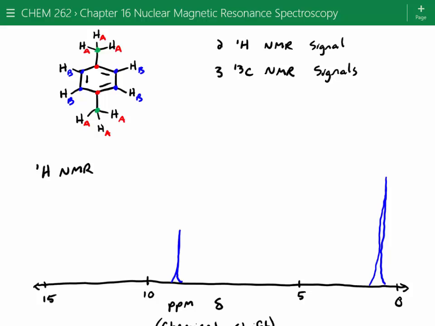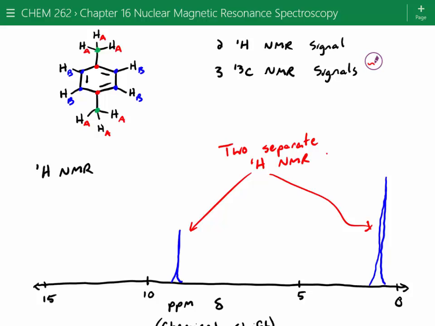All right, with this one right here, let's label these. Basically, all we need to know at this point is that we've got two separate proton NMR signals.